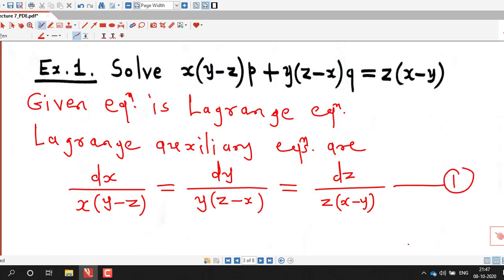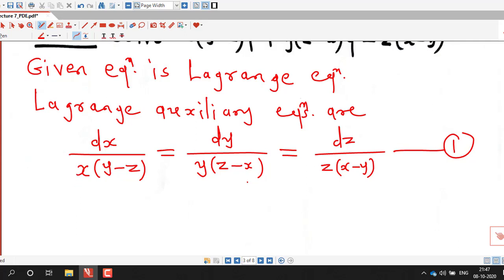Now if you observe here, we are not able to compare any two of these three fractions. If you concentrate on the first two fractions, dx and dy, then z must be absent, but you can see the presence of z here.